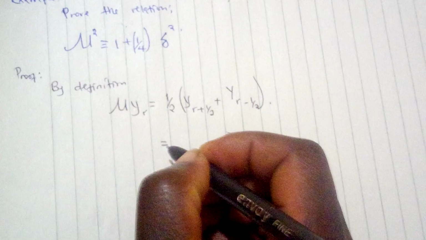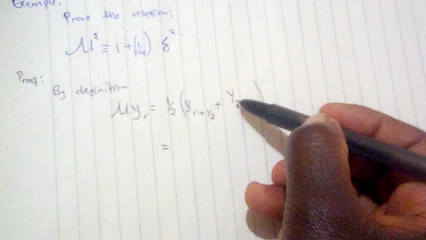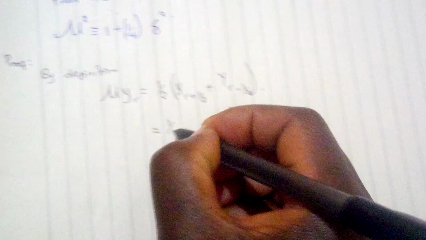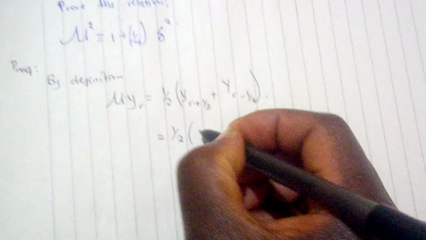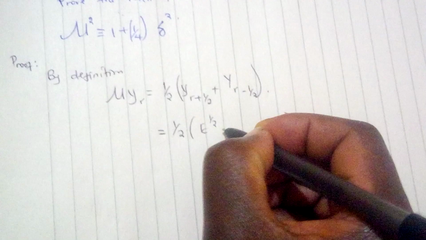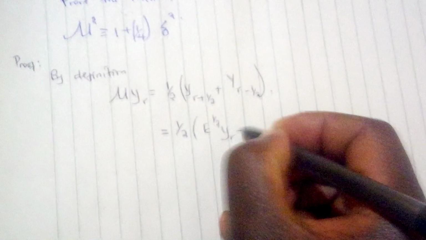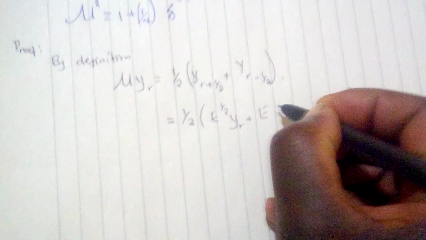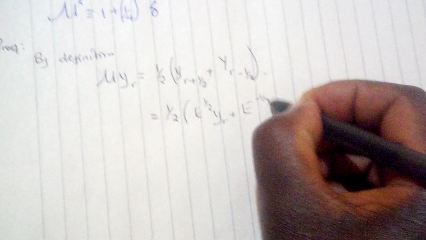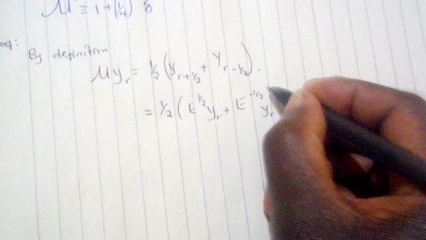You remember that? So it is equal to a half, e to power a half yr plus e to power negative a half yr.